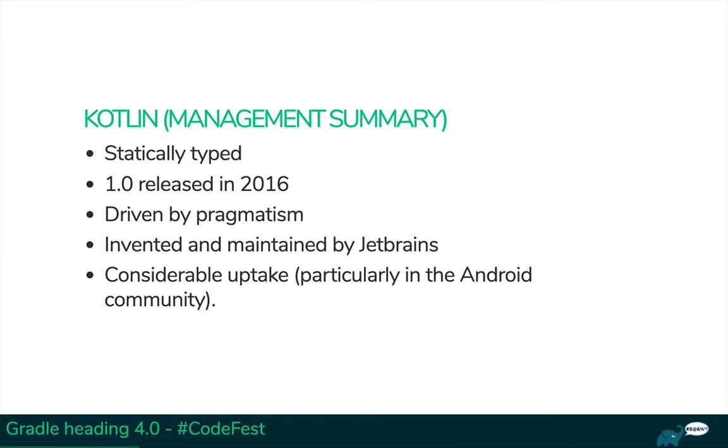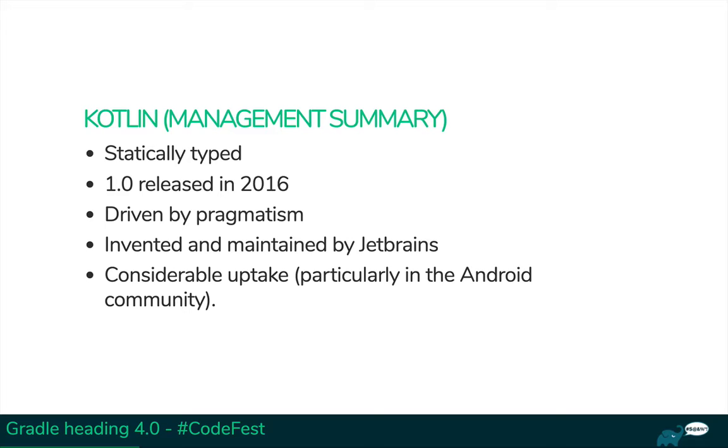So again, a quick management summary, but now about Kotlin. Kotlin is a statically typed language. 1.0 was released in 2016, last year. Now the latest version is, I think, 1.1.1 or 1.1.0 still.